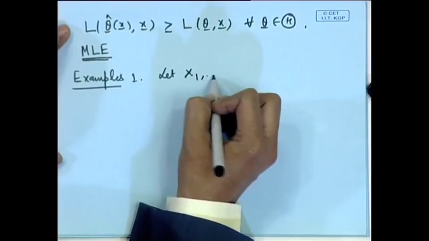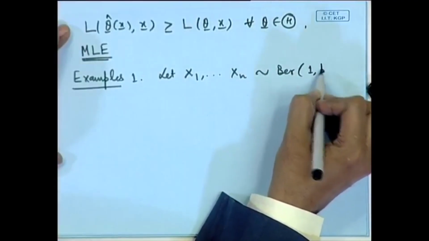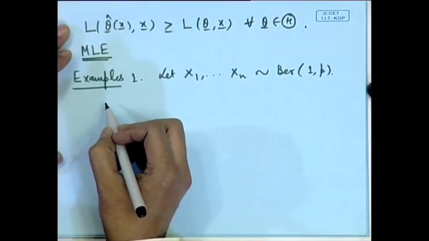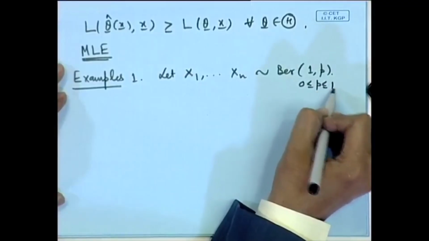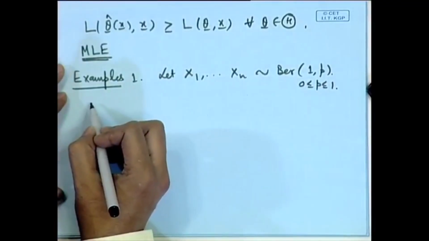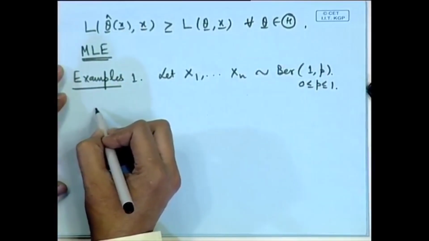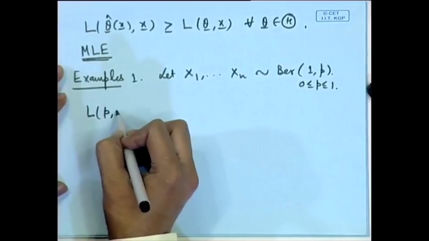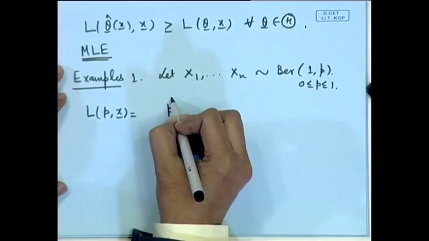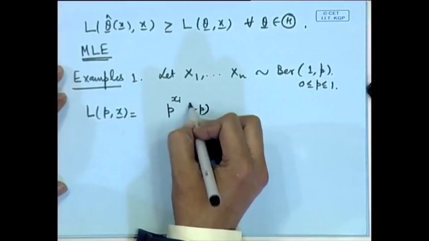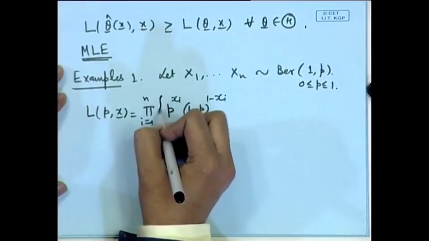Let X1, X2, ..., Xn follow a Bernoulli distribution. Here p is the unknown parameter. We want to find the maximum likelihood estimator for p. We write down the likelihood function, that is equal to the product of p to the power xi times (1 minus p) to the power (1 minus xi), i equal to 1 to n.